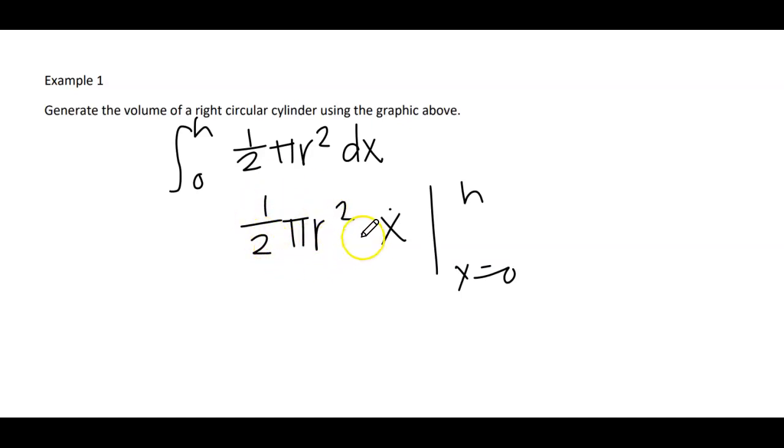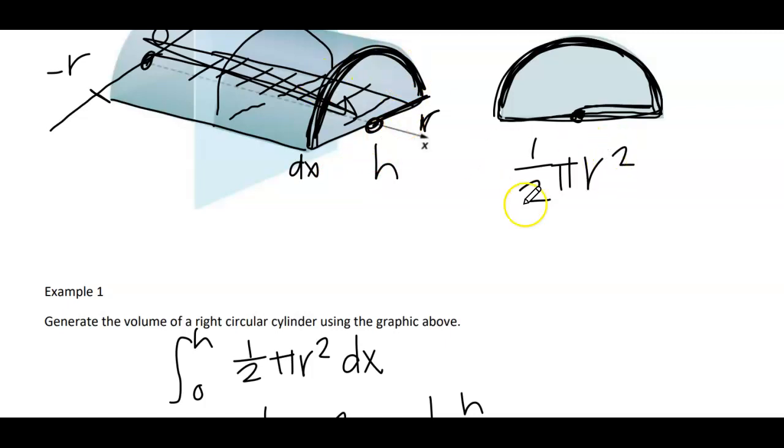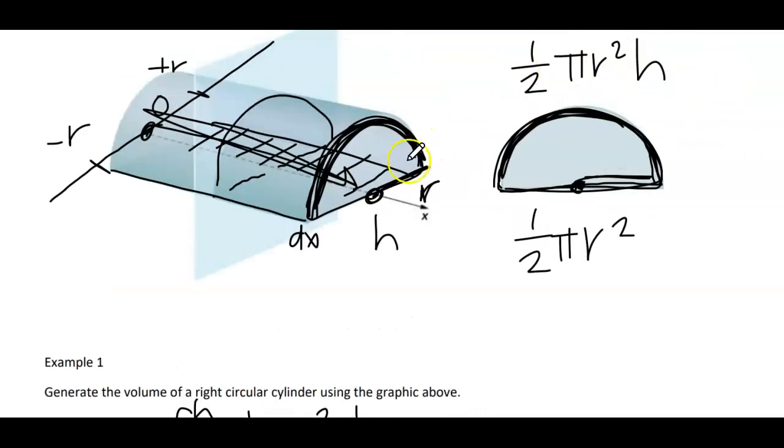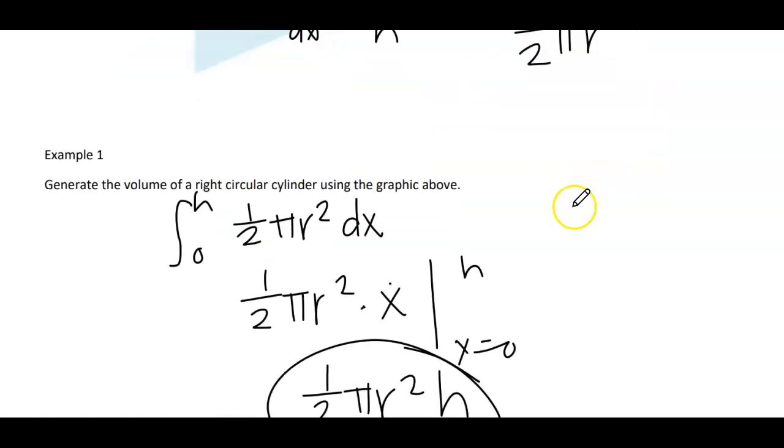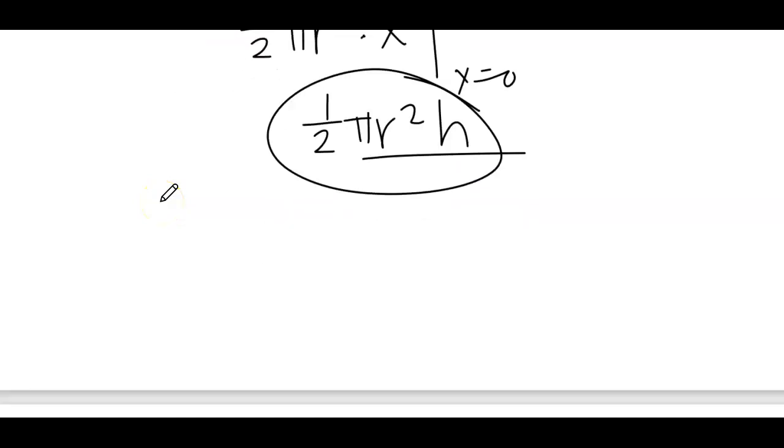So this is just a number, and then times x for our antiderivative. I'm going to plug in h and 0, and you'll see the volume for that half cylinder is exactly what we got up here. Same exact thing. And if you wanted the whole thing, you just multiply by 2, and you just have double this.